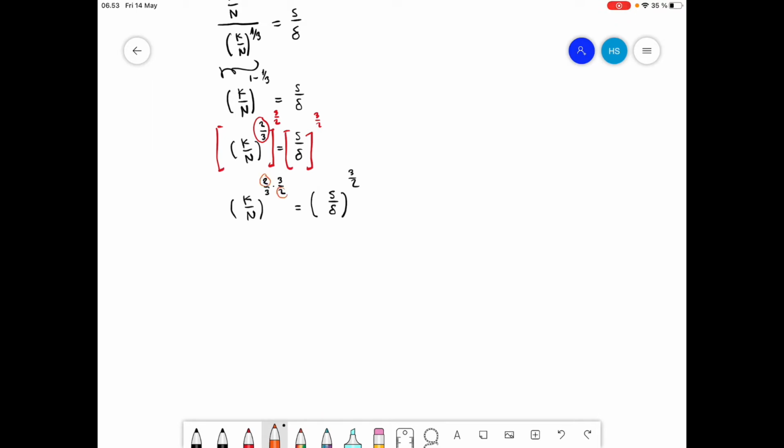We have a times 2 and divided by 2, that is just a 1, and a times 3 divided by 3, this is all just a 1. So the capital stock in steady state in per worker terms is equal to the saving rate over the depreciation rate raised to the power of 3/2.